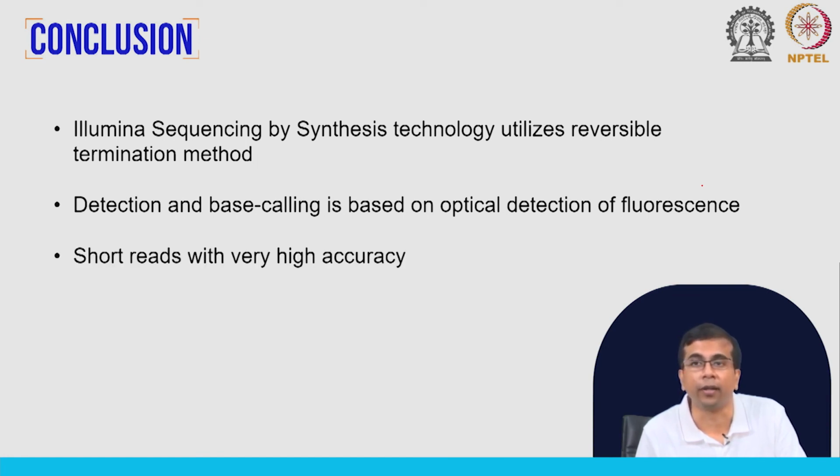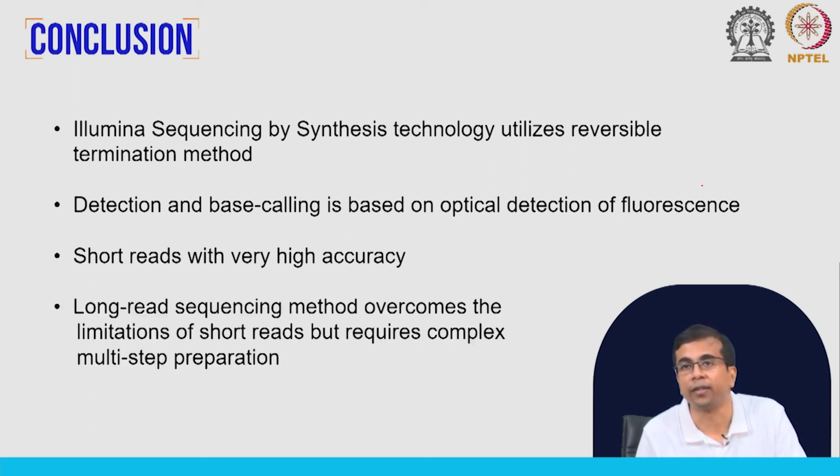We get very highly accurate data, but the reads are short, and to address that, Illumina has developed long read sequencing, which overcomes the limitation of short reads. But again, this requires multi-step preparation, which is quite complex. You have seen you need this landmarking process, etc.